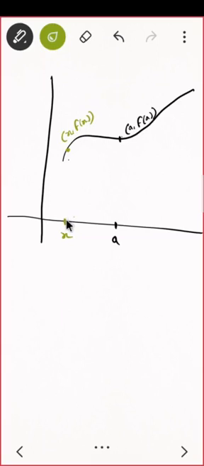And what do you want to find? You want to find the slope between them. You are having 2 points, you are trying to make a straight line, and you are trying to find the slope of this line.